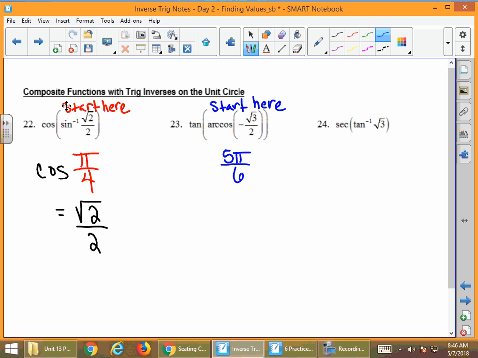We have a restriction on that, but now we don't have a restriction on tangent of 5 pi over 6. We need to really think about what this answer is. It is a pi over 6, which means that it's going to be square root of 3 over 3. But 5 pi over 6 is in quadrant 2, and tangent in quadrant 2 is negative.